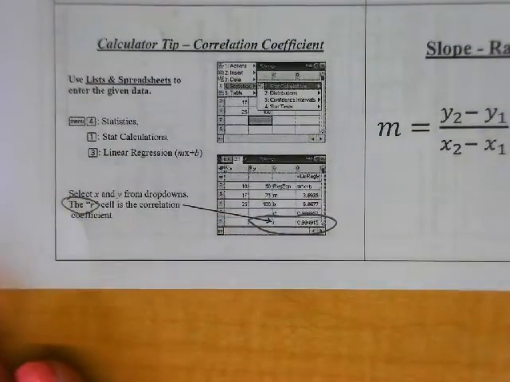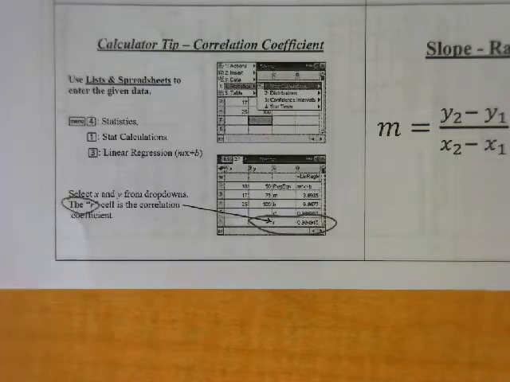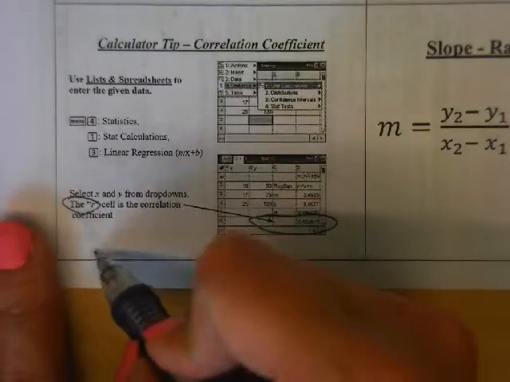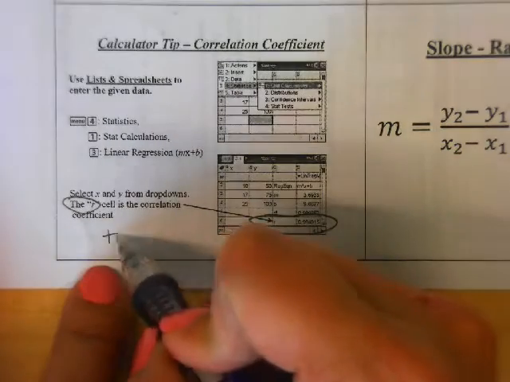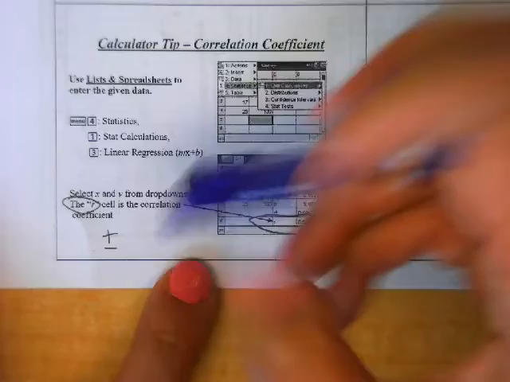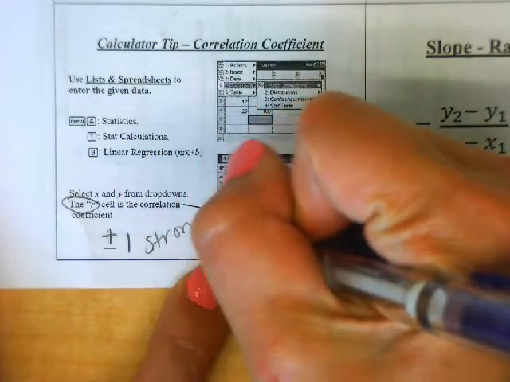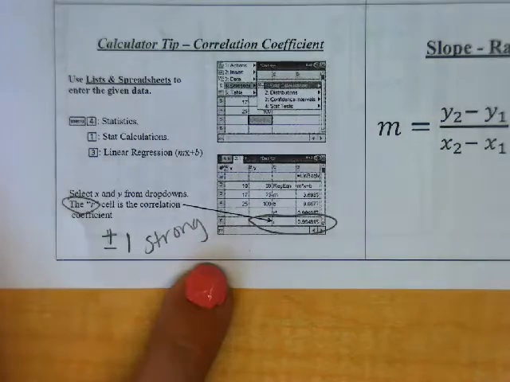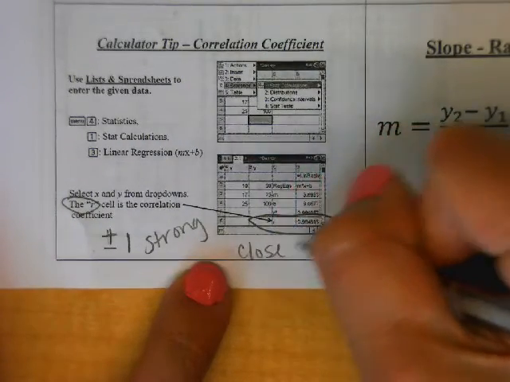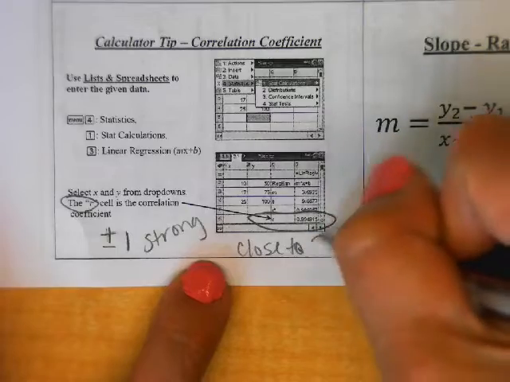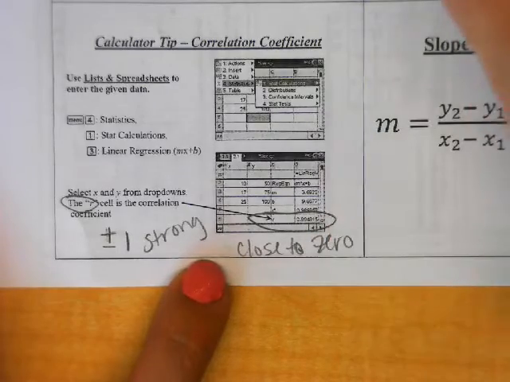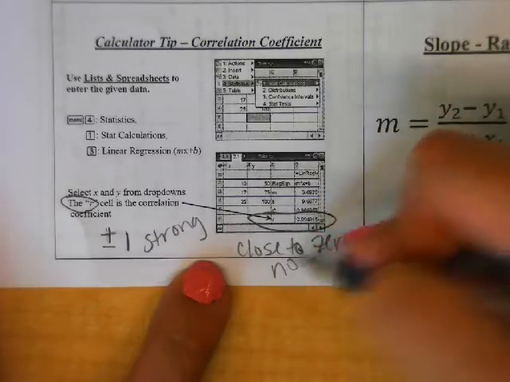Does anybody remember anything about R? All right, so if we have negative and positive 1, these are strong. Super strong positive or super strong negative. But if it's close to 0, that means there is no association, right?